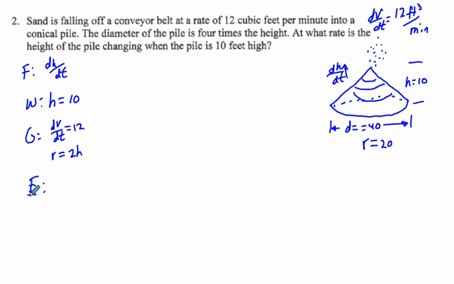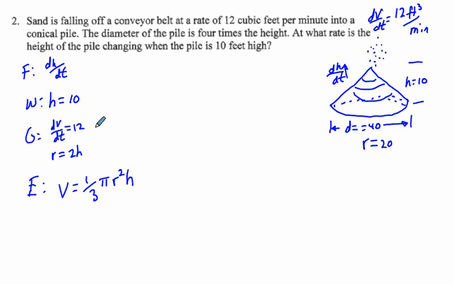What is our main equation? Well, the equation that we're not given in the text of the problem is the volume for a cone. And it's going to be 1/3 times the area of the circle of the base, which is going to be pi r squared, times the height of the cone, which is h.